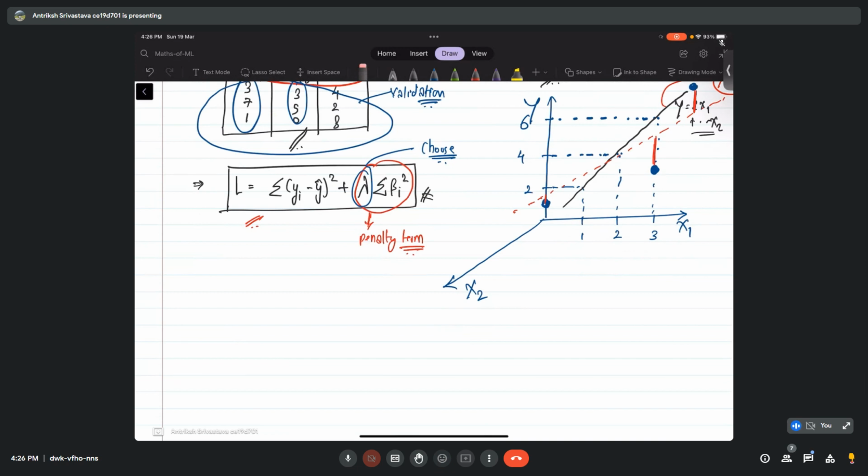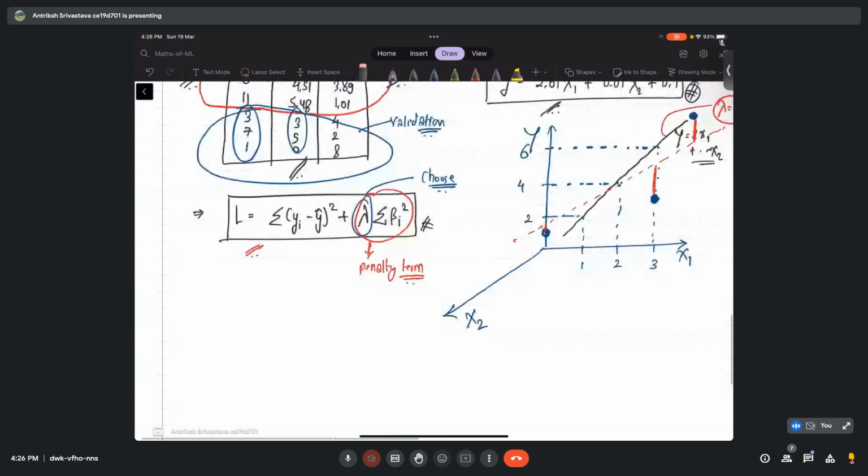Now, one more way to understand how it is helping us is through this process.